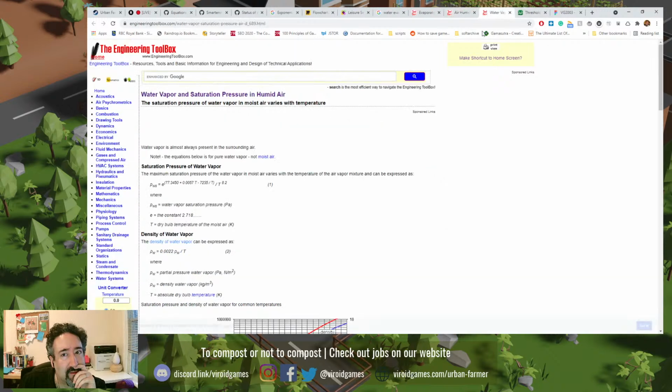Let's dig into this. Okay. I was right, but exponential. Here's our exponential function. Some constant plus some other constant times t. T being what? The dry bulb temperature.